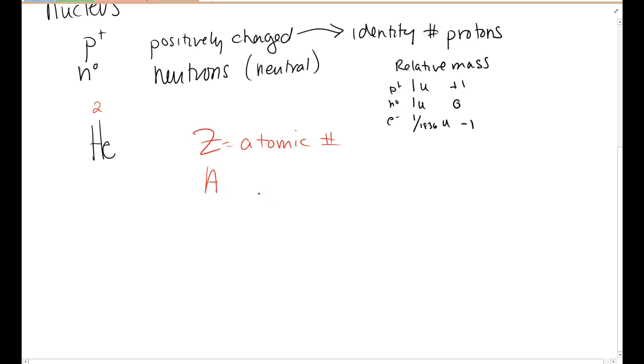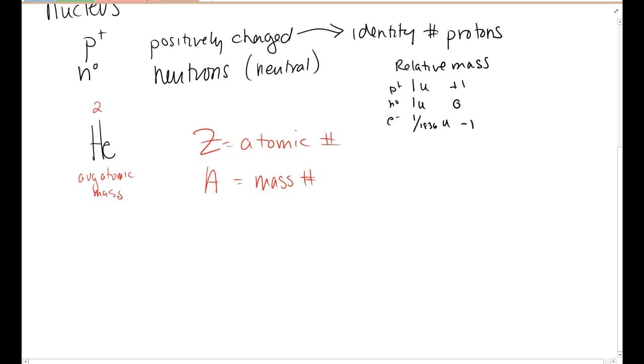That doesn't always appear on the periodic table, but it might, depending on the periodic table you're looking at. Usually, what appears below is the average atomic mass of all the isotopes of something.